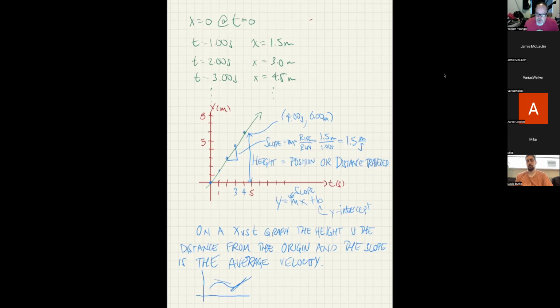If our graph was actually curved, we could see it being a little more complicated. So let's look at another one. What if I had, I'm going to say a position versus time graph again. What if I had a curve that looked like that?